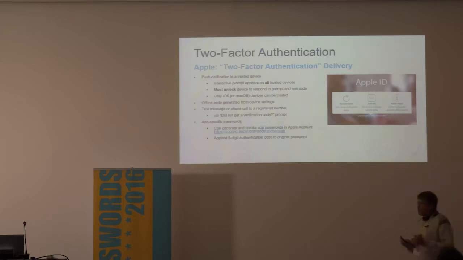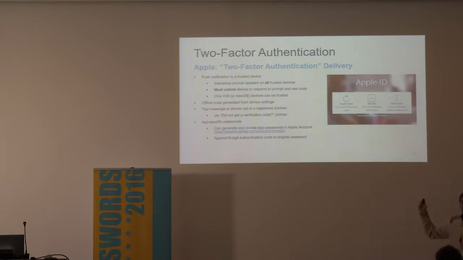Another thing, with two-step verification, if you're trying to log in from a new device, you can choose how you want to receive your code. You can choose to deliver it to one of your trusted devices, not all of them, just one. Or you can choose to receive it by a text message or a phone call, in which case, with two-step verification, the user will not be notified about the login attempt.